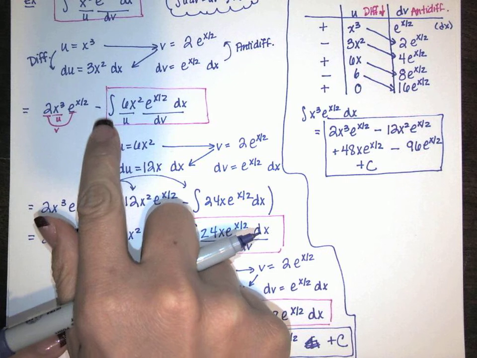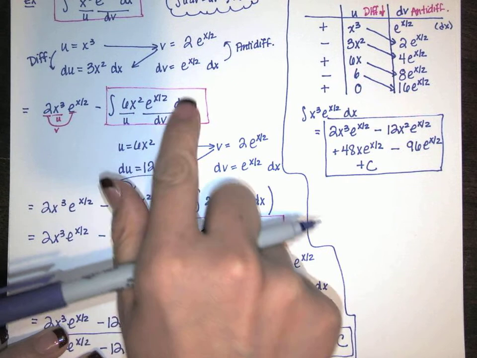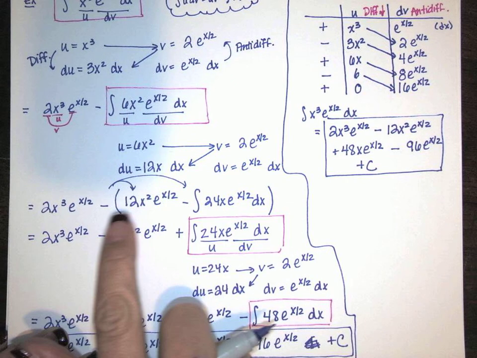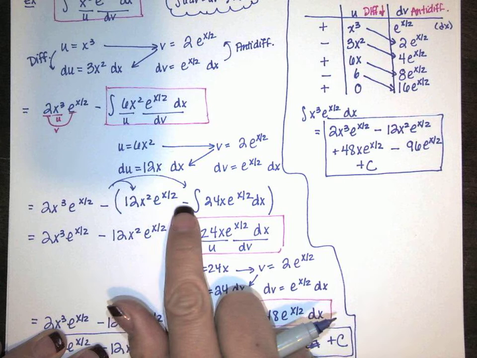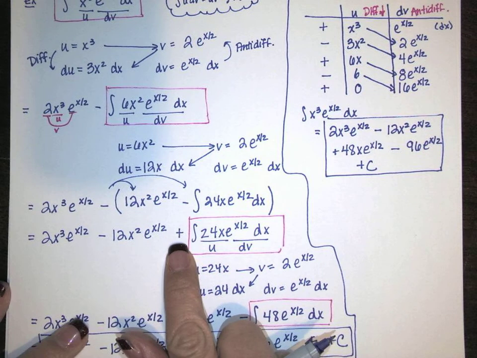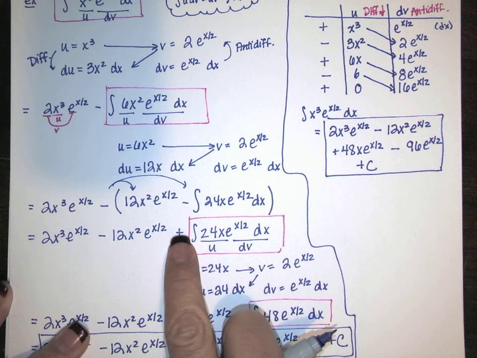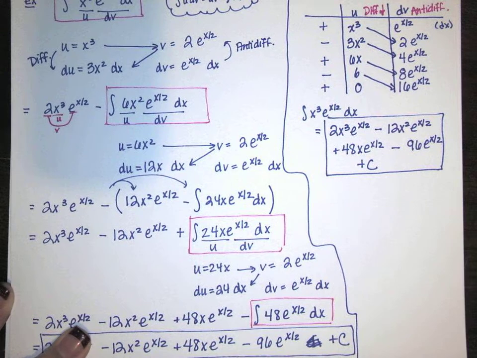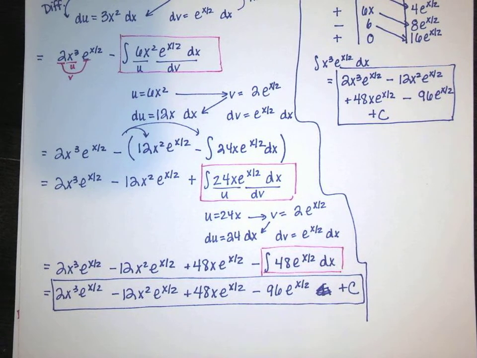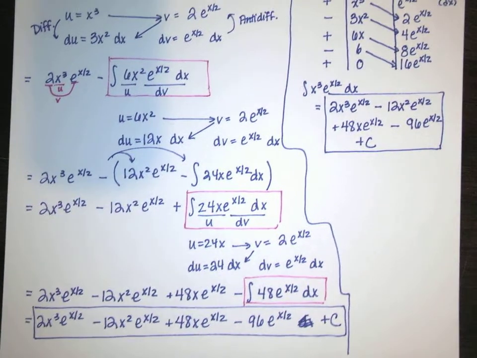When I substitute in what I get for integration by parts for this guy, that negative has to distribute. So I get a negative here, and the negative times that negative is going to make that positive. That's a positive, negative, positive, which is that positive, negative, positive right there. And the pattern continues.